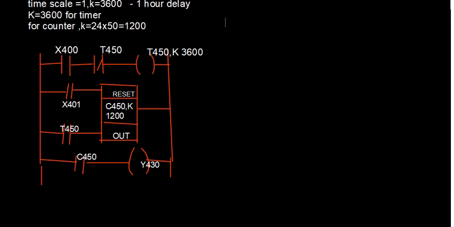Then the second instruction ANI T450, then out T450 with K of 3600, LD X400 inverted, that is the normally closed switch, ANI T450, out T450, then K 3600.